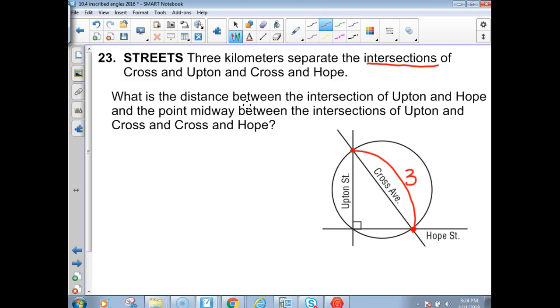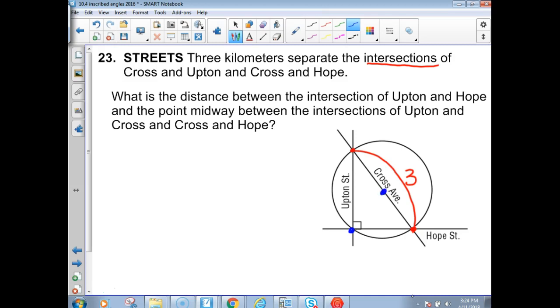Then it says, what is the distance between the intersection of Upton and Hope? Upton and Hope would be here. And the point midway between the intersections of Upton and Cross, which is here, midpoint between Upton and Cross and Hope. That'd be the midpoint of this segment.